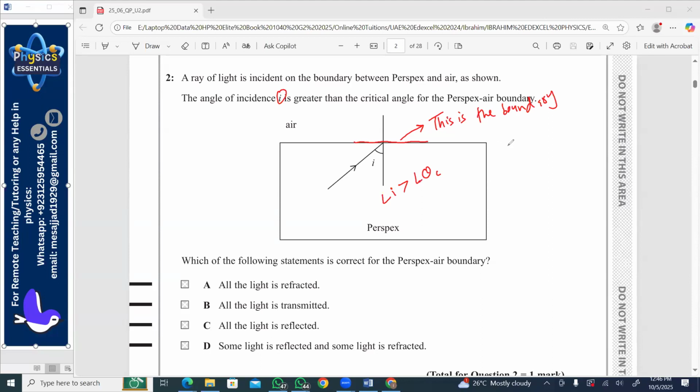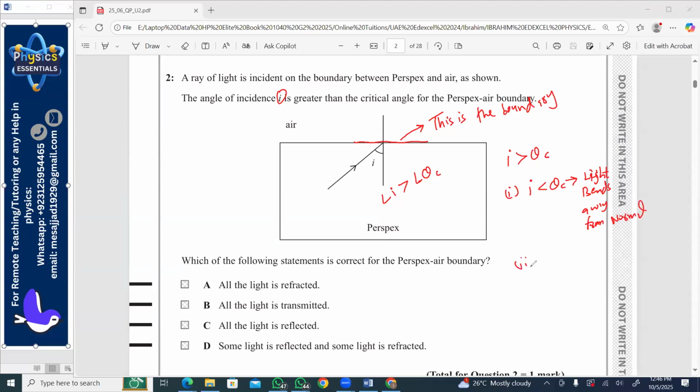And for such a scenario where angle of incidence is greater than critical angle, what do you have? You have three cases actually. Incident angle is less than critical angle: when you have this, light bends away from the normal.